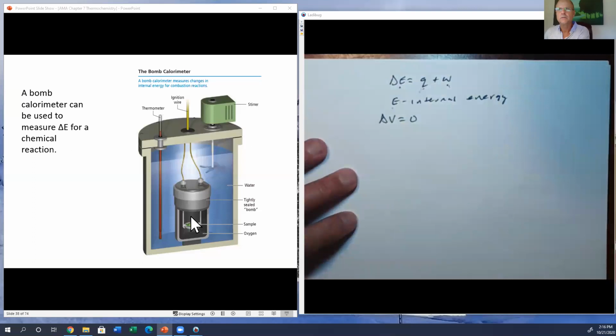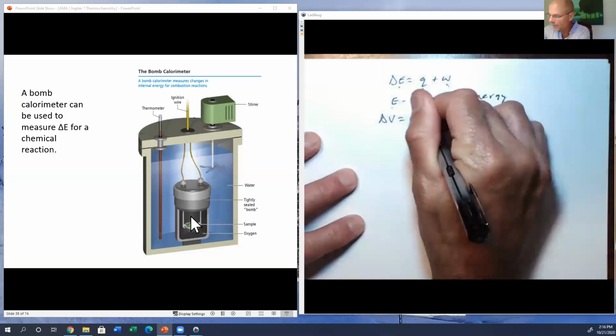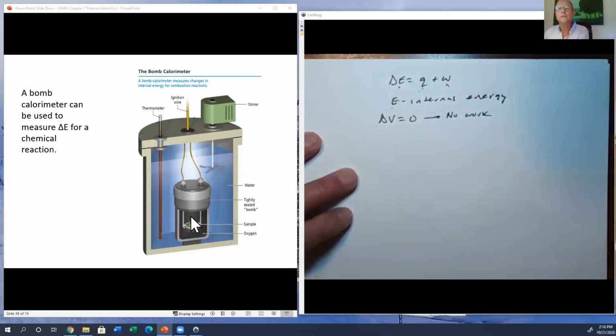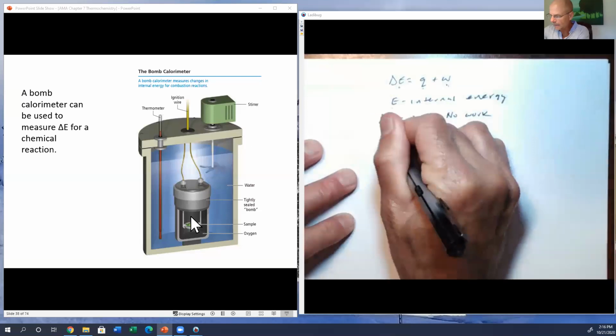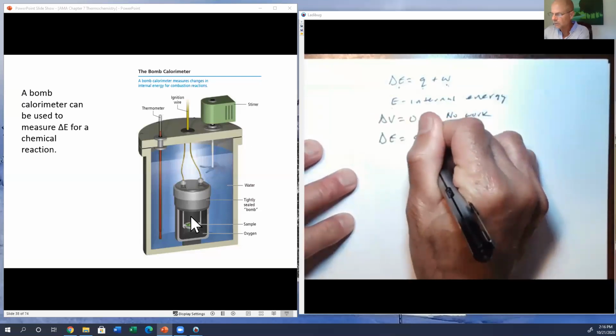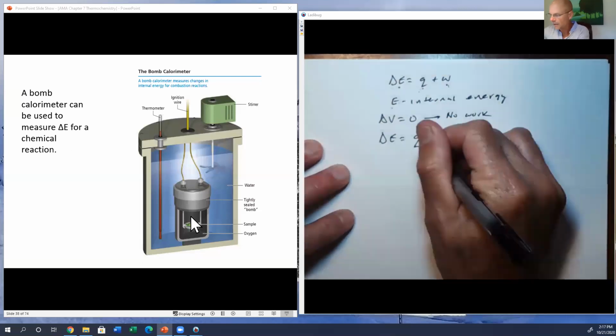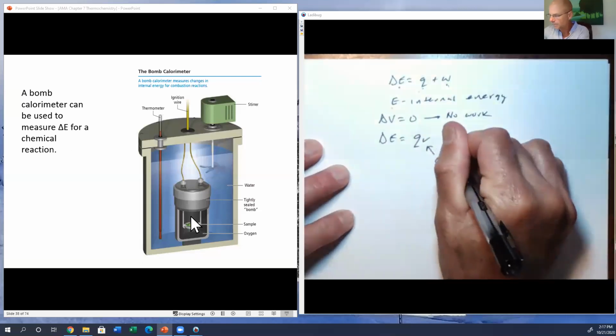So if delta V equals 0, that means no work is done. And if no work is done, then delta E is just equal to Q. We put a little V there to say constant volume.